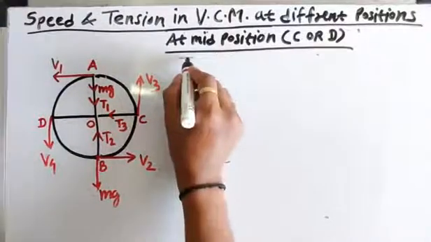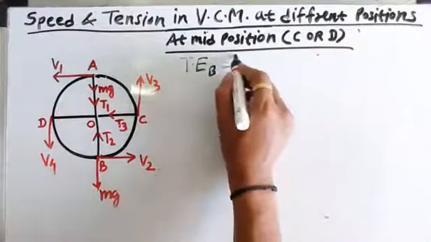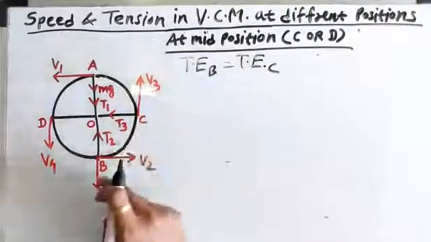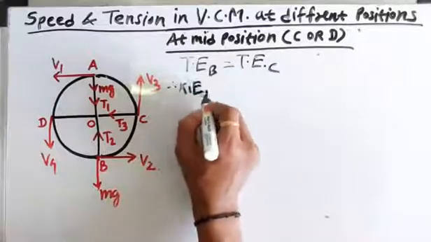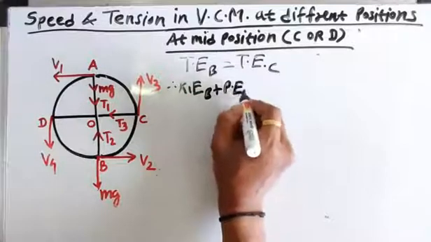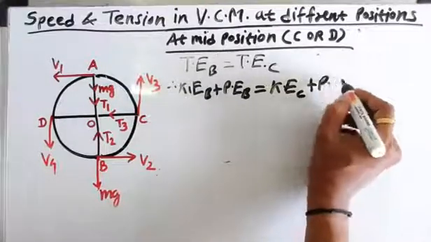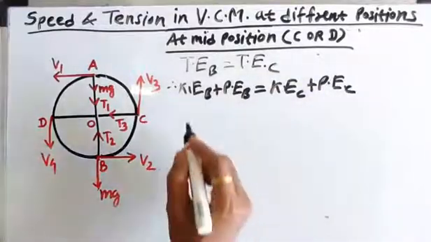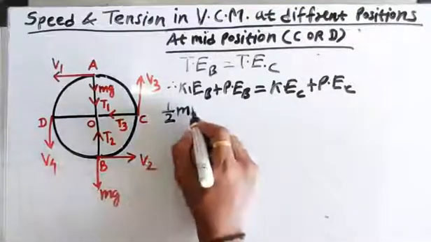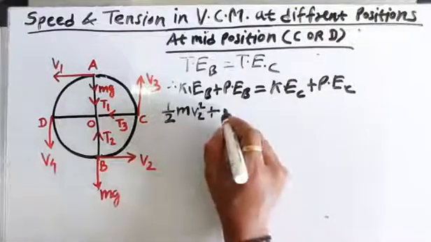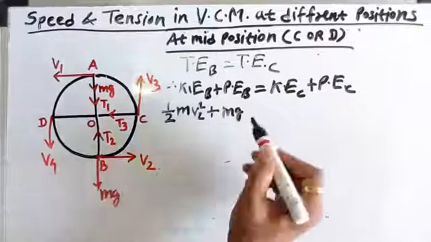Therefore we can write total energy at B is equal to total energy at C. So we are going to compare these two. Kinetic energy at B plus potential energy at B is equal to kinetic energy at C plus potential energy at C. For kinetic energy we can write half m v2 square, plus potential energy mg h, as we have assumed B to be at the ground level, so for h we put 0.